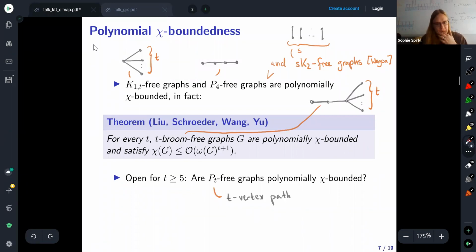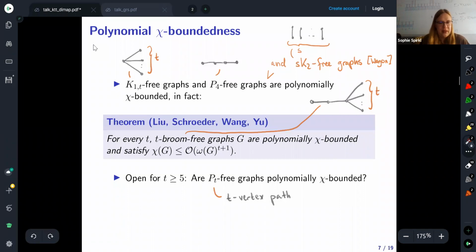And very recently, four people from Georgia Tech proved that if you exclude this graph, which you can think of as sort of a mixture of K1,t and P4 at the same time, then excluding this not only makes you polynomially chi-bounded, but they also get a bound on the chromatic number that's very close to being optimal for excluding this graph as an induced subgraph.